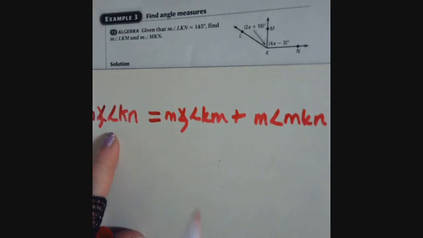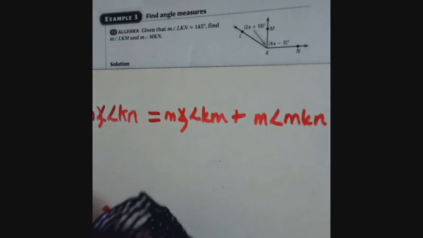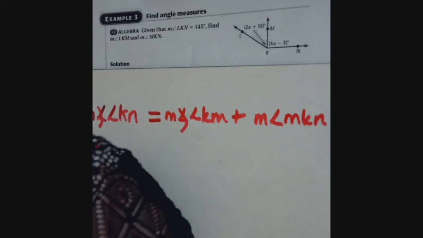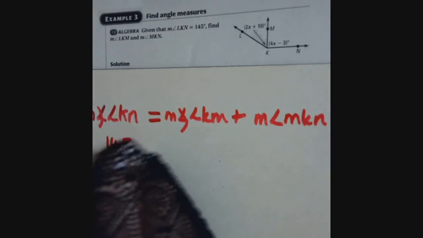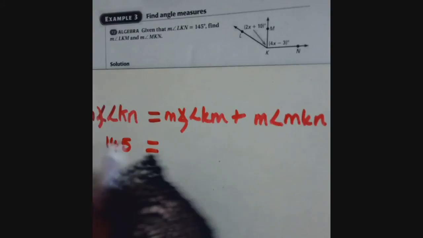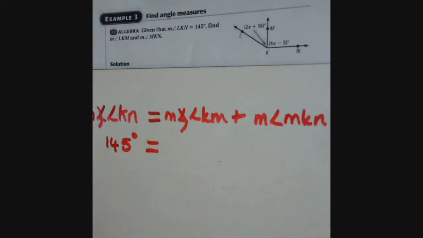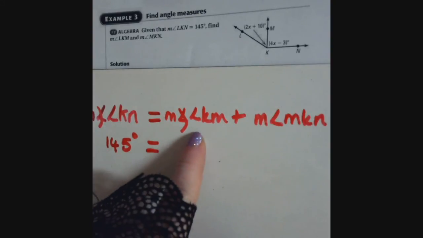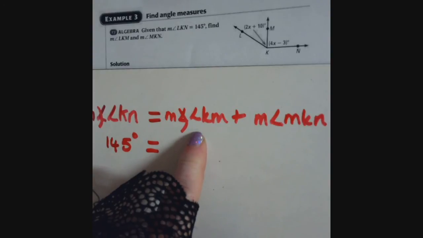Alright, so they've told us that the big LKN is 145, so I'm going to go ahead and plug that in here. And you can put your little degree symbol if you want, it doesn't really matter. So the total is 145, so it says find these two angles.